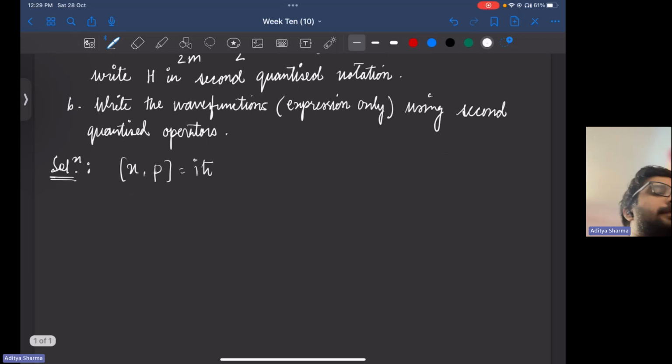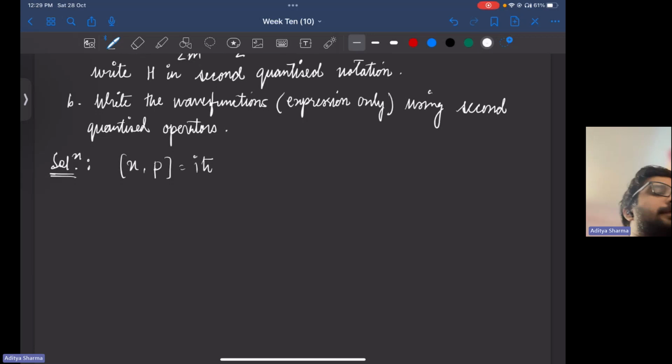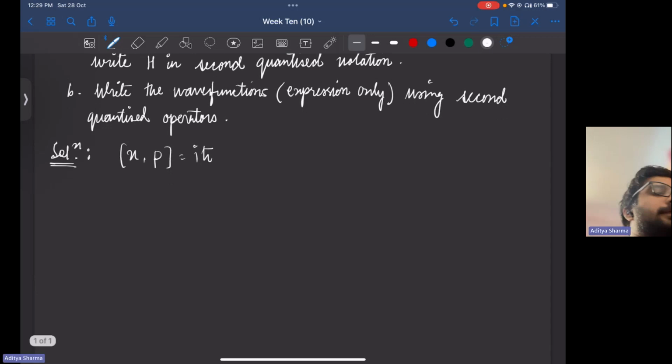So our job is to change x and p to new variables, which we shall call a and a dagger, such that the commutation relation is intact up to some factors.